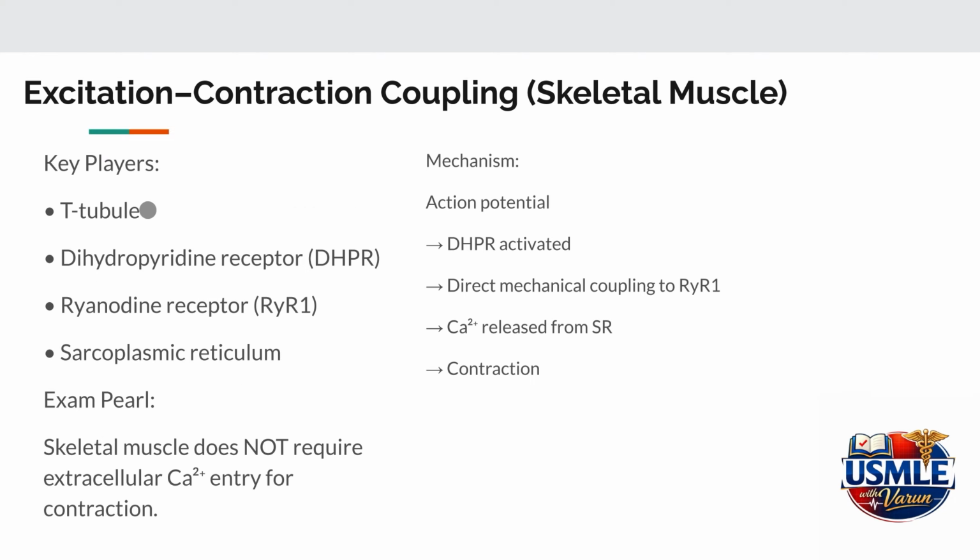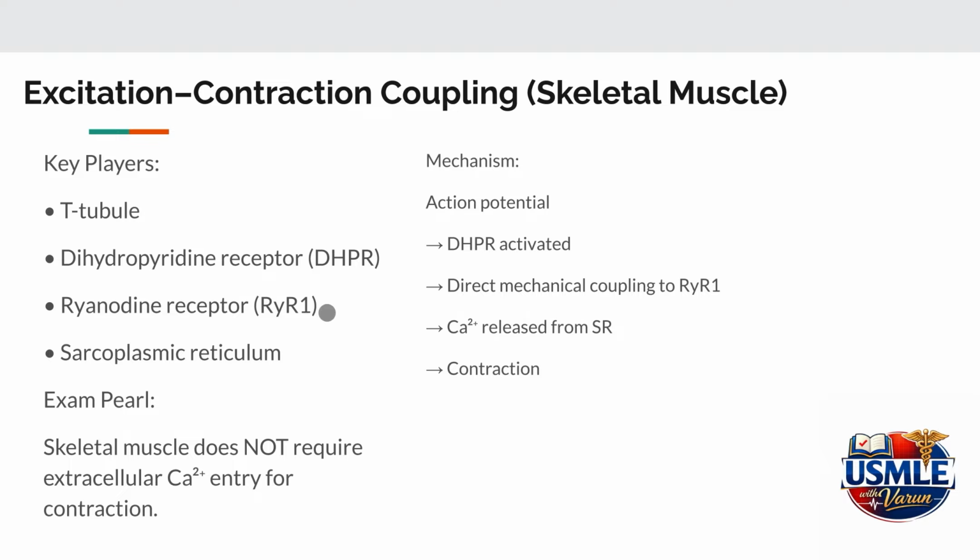Now, coming to excitation contraction coupling in a skeletal muscle, the muscle action potential travels down the T tubules in the first place. After this, the dihydropyridine receptor senses the voltage change and mechanically activates the ryanodine receptor.